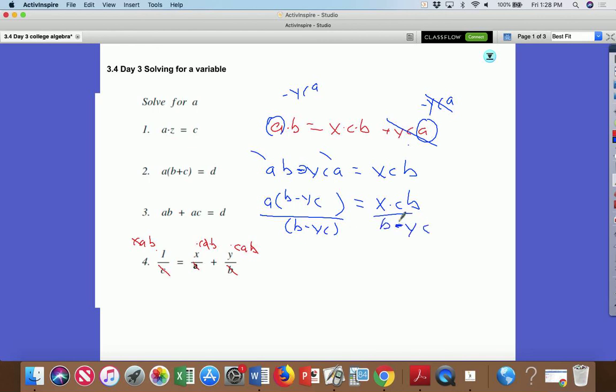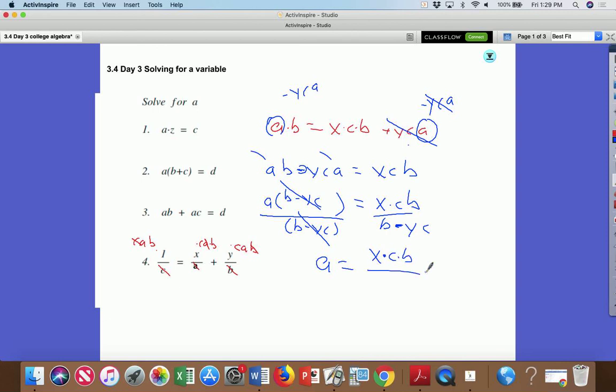So we'll talk about this a little bit more. Where do the b minus y c's go? They cancel out because they equal 1. So this and this is 1 times a. So you have a on the left, and you have this on the right.